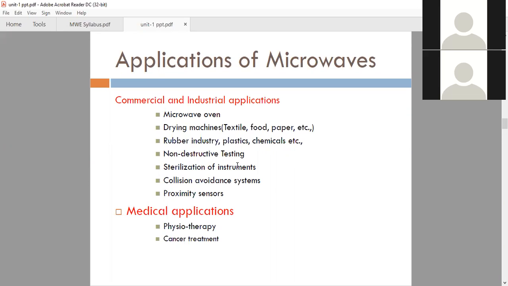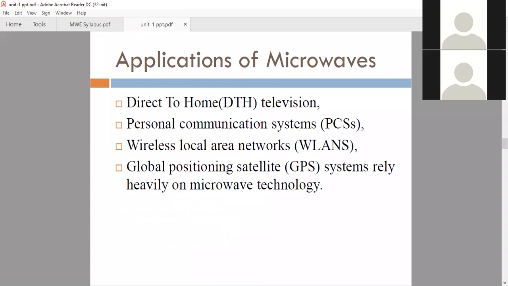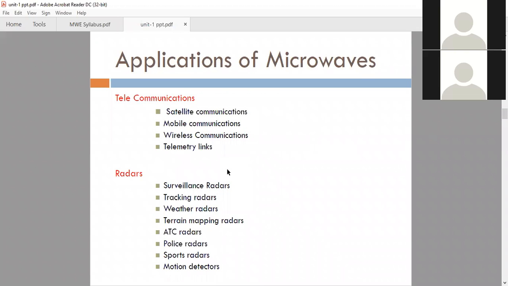Then advantages and disadvantages, sometimes they may ask. Then applications are very important, definitely they will ask, maybe a 2 marks or 5 marks question. We can divide the applications into different groups: commercial and industrial applications, medical applications, then telecommunication.